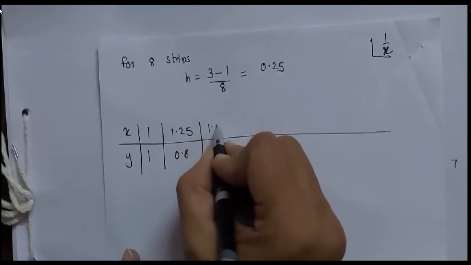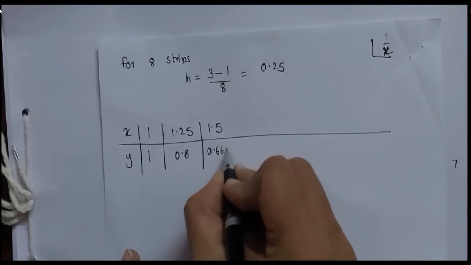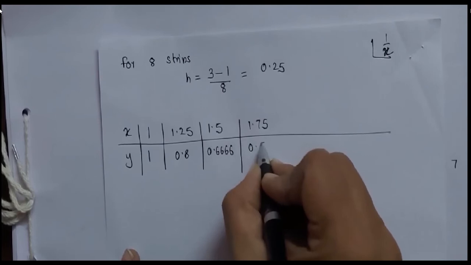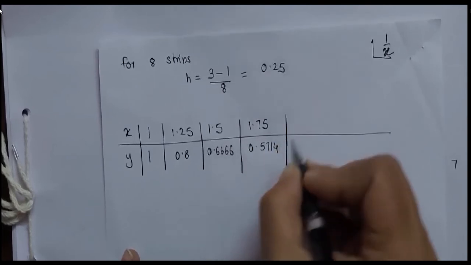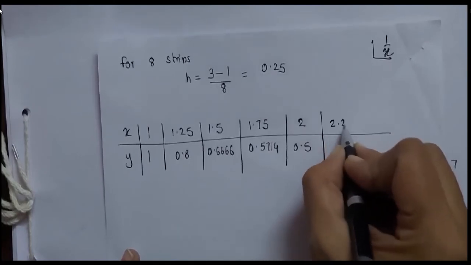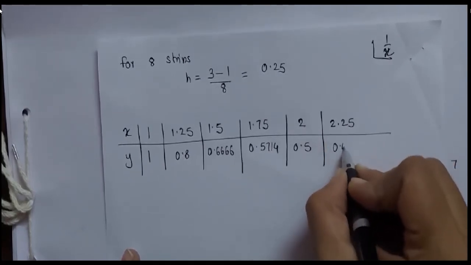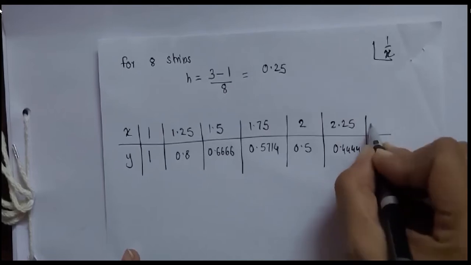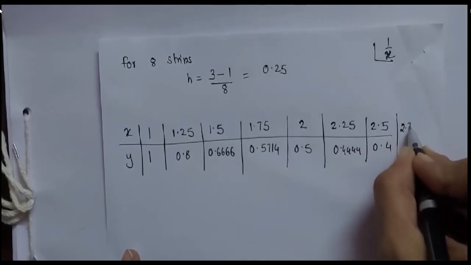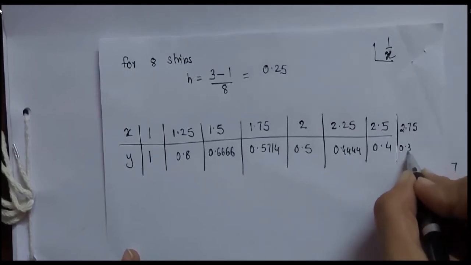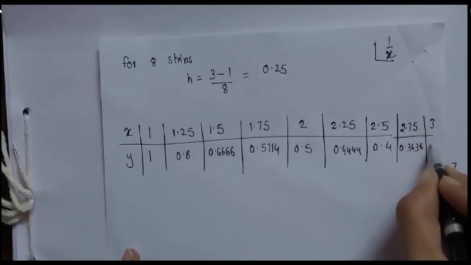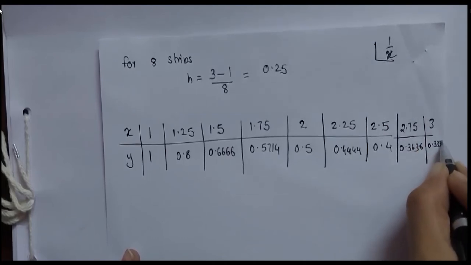For 1.5, you get 0.6666. For 1.75, 0.5714. For 2, 0.5. For 2.25, 0.4444. For 2.5, 0.4. For 2.75, 0.3636. And for 3, it is 0.3333.